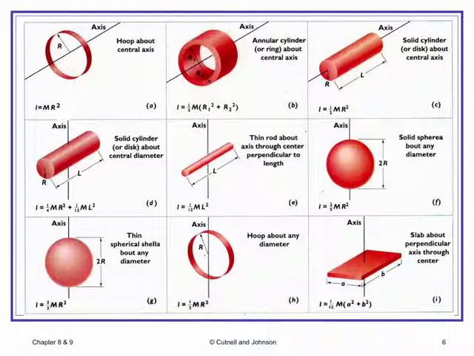Another one to point out is G, down here at the bottom left, a spherical shell, about any diameter, which means it's hollow inside. There are some typos within here. But these are different objects that have different moments of inertia. Please look in your textbook for a more thorough example if you have a hard time seeing it on the video.